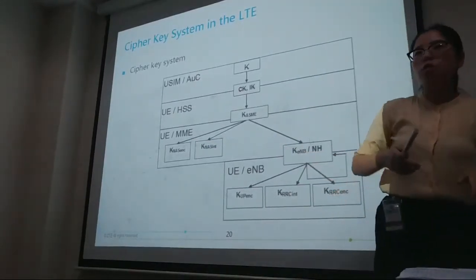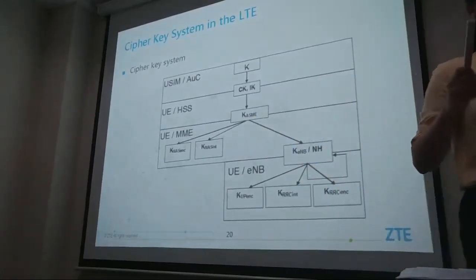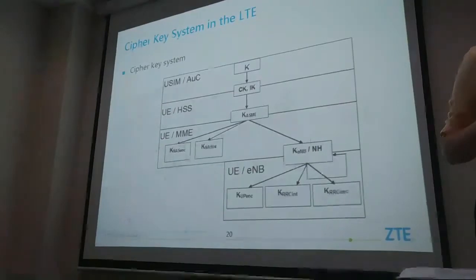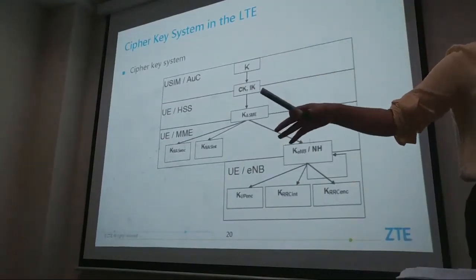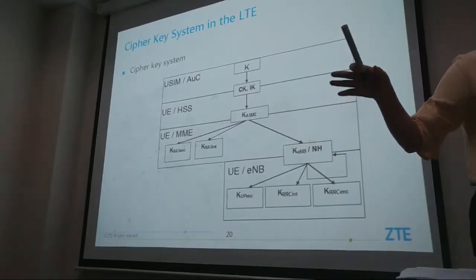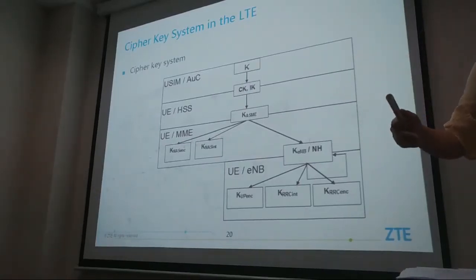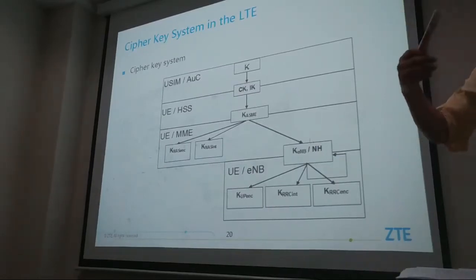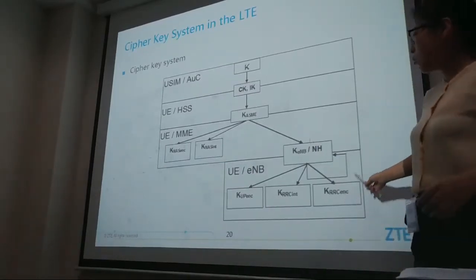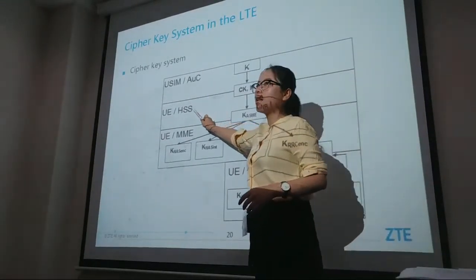Because this is very important, we will not use any interface to deliver it. It is generated on the UE side and on the EPC side. They both have the same information, so they generate the same one and can communicate with each other. If the SIM card is a normal SIM card, they can generate this value. This is the KASME, generated by the HSS.